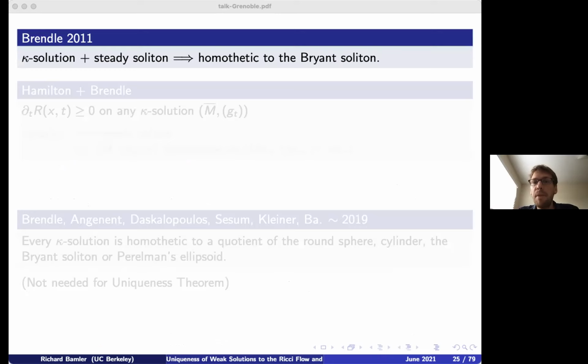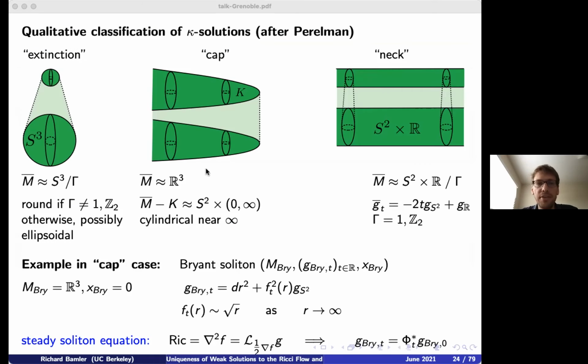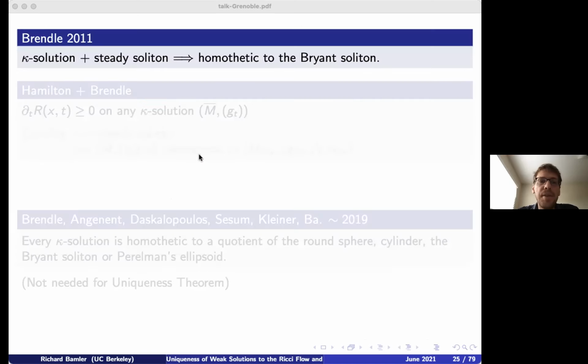And so maybe the first important work in this direction was conducted by Bamler in 2011. He showed that if we take a kappa solution that's also a steady soliton, it's not hard to see that we have to be in the cap case in this case. Then the kappa solution has to be homothetic to the Bryan soliton. Okay, so the Bryan soliton is the only kappa solution that's also a steady soliton.